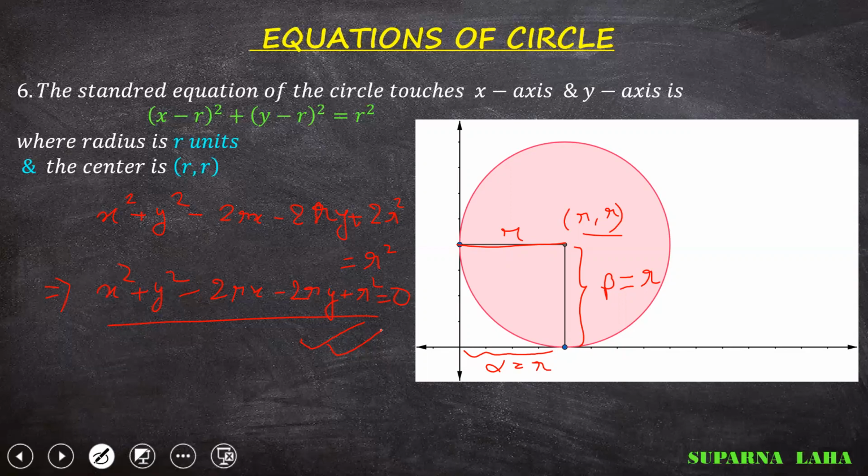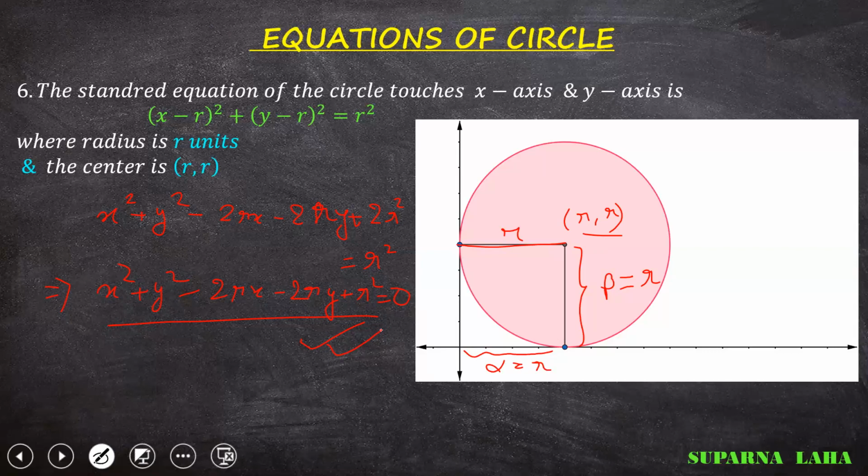Solve these examples and try to understand the problems, and understand how we can use the equations of the circle to solve problems. First of all, how to find the equation when the center and the radius are given, or from the equation how you can find its radius and the center.